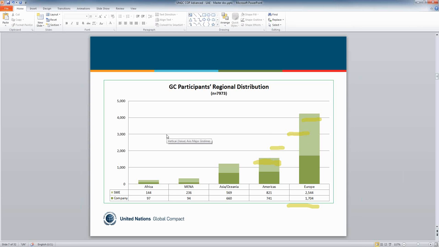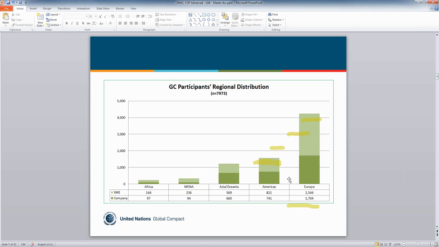This slide is showing the participant composition of the Global Compact. What companies in what regions have decided to join the Global Compact. So the bars show the numbers by region. As you can see, Europe leads the pack and is followed by the rest of the regions, MENA being one of the smallest regions.